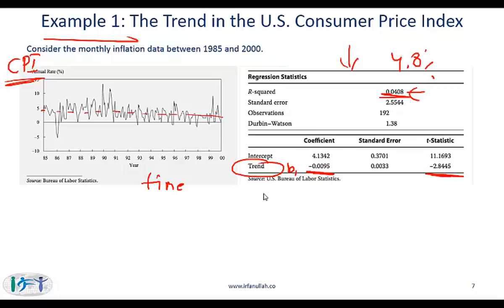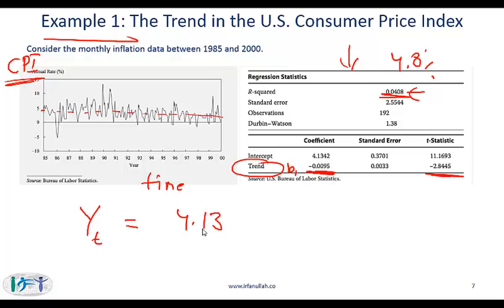Okay, so now what is the equation that we write down based on this output? That equation will be that the dependent variable at time t is equal to the intercept, which is 4.13. I'm just taking 2 decimal places. Actually, I should take more than 2 decimal places given this number.